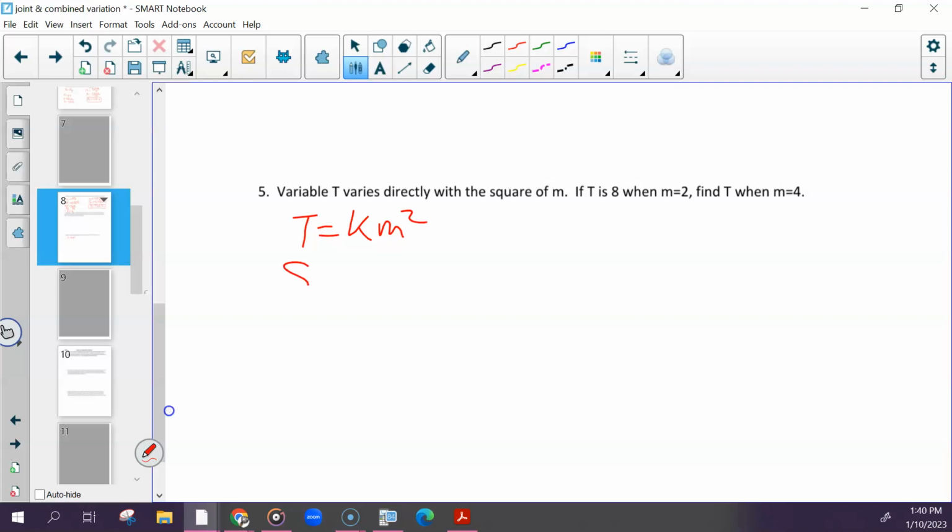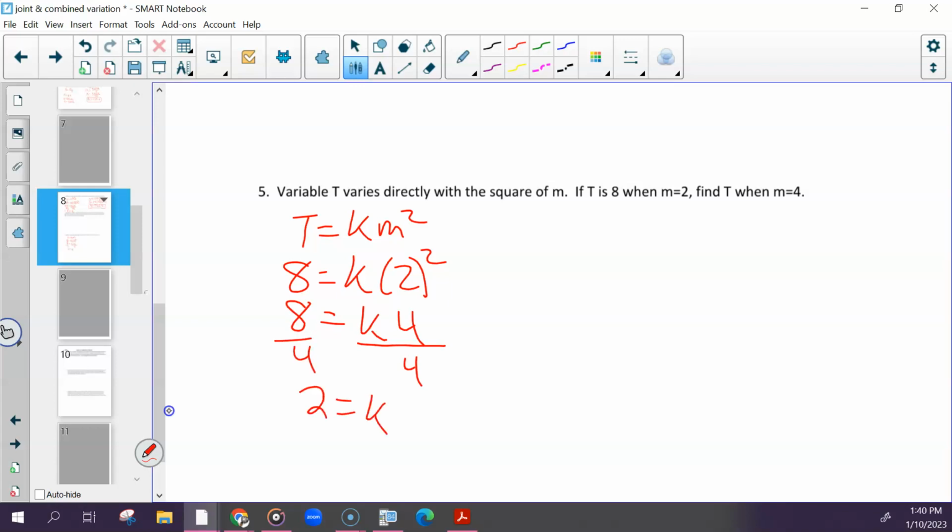So t is 8, m is 2. So you would square the 2 first, and then divide both sides by 4. Should get 2 equals k. Take that, put it back into the original. So t equals 2m squared.